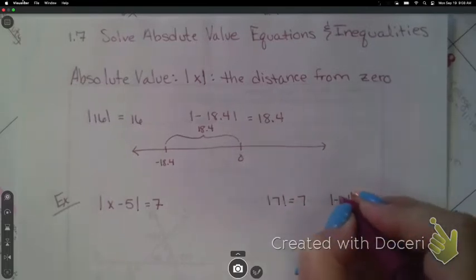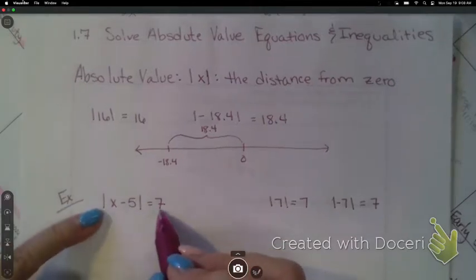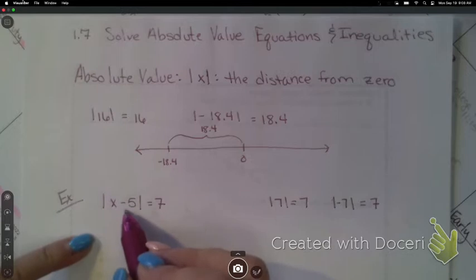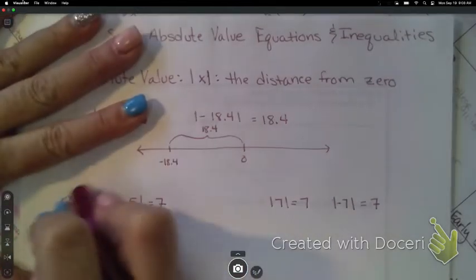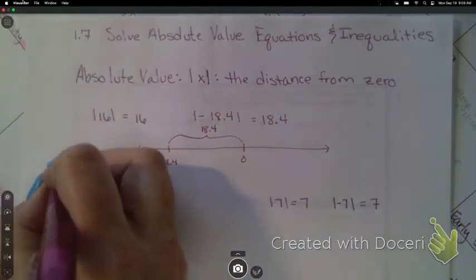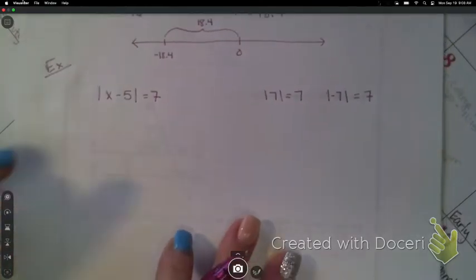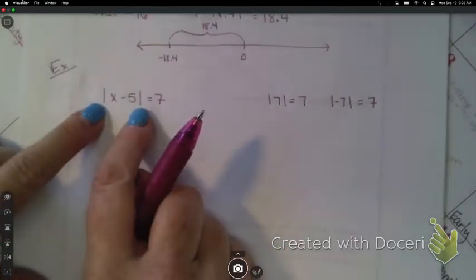Negative 7. So this says the absolute value is 7, but in here it could also be negative 7, couldn't it? Yeah. Okay, so to make it easier on us, we make it kind of like our compound inequalities. Once the absolute value is all alone, is it all alone over here?